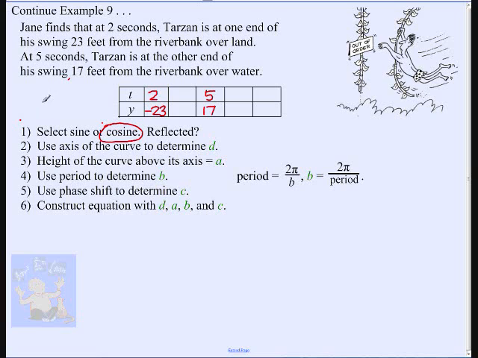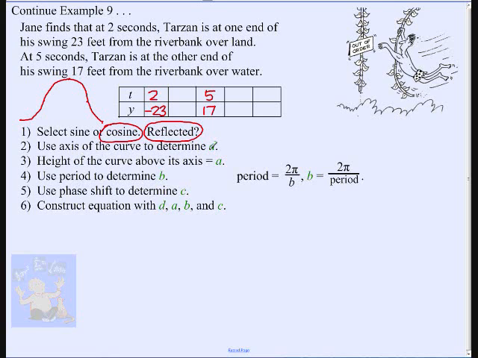And somewhere in between I've got my central axis. So I'm thinking I've got something that looks like this, which would be cosine, and it would be reflected, wouldn't it? Because ordinarily cosine starts high and goes low.